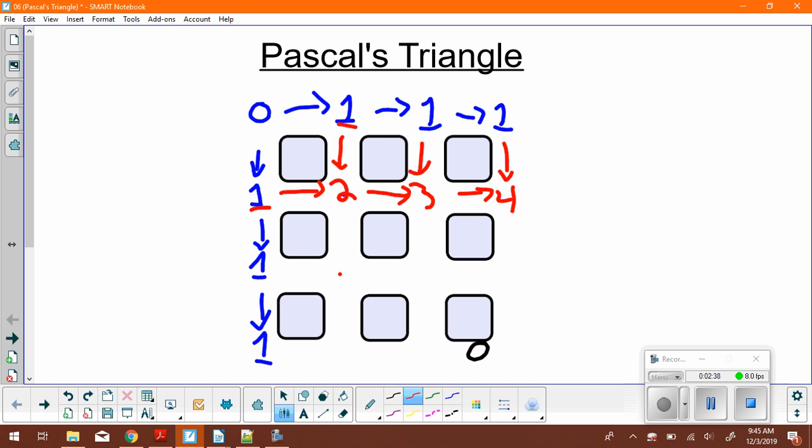This corner down here, there's one way to come from the left and 2 ways to come from above, so that's also a 3. For my next corner, I have 3 from this way and 3 from this way. That's a total of 6. Next one, 6 and 4 makes 10.